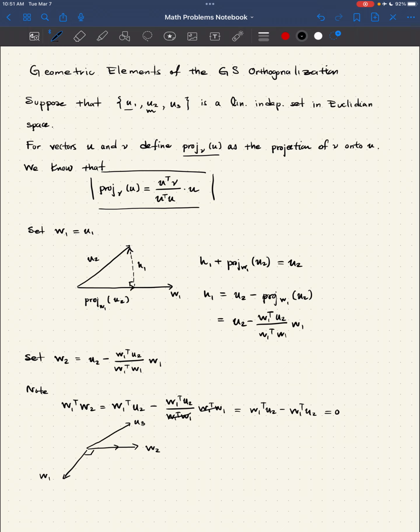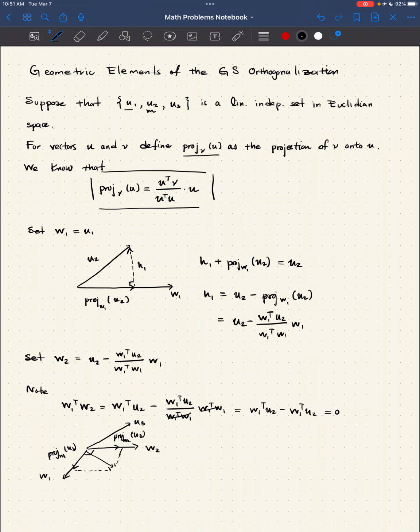This one being the projection of U3 onto W2, and this one being the projection of U3 onto W1. And from these, I'm going to form a sum.